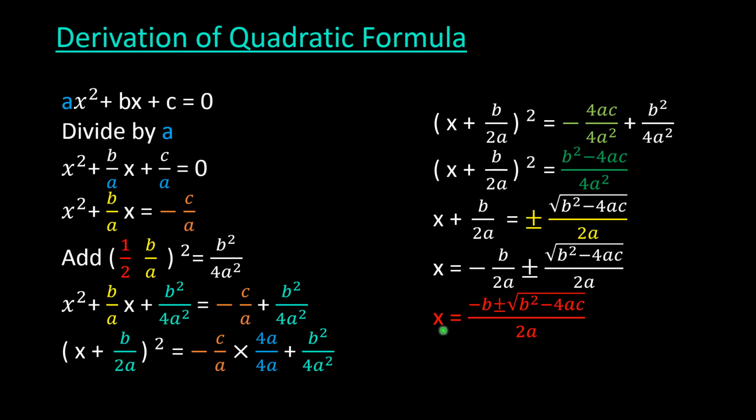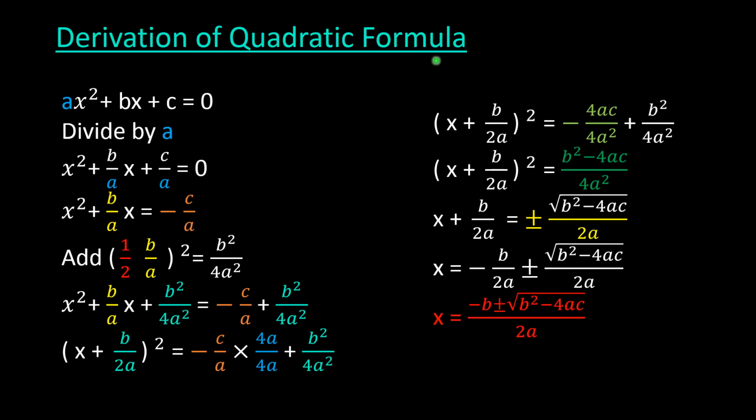So x will become minus b plus minus under root b squared minus 4ac divided by the common denominator 2a. So this is our quadratic formula, with the help of which we can easily solve or find the roots of any quadratic equation.